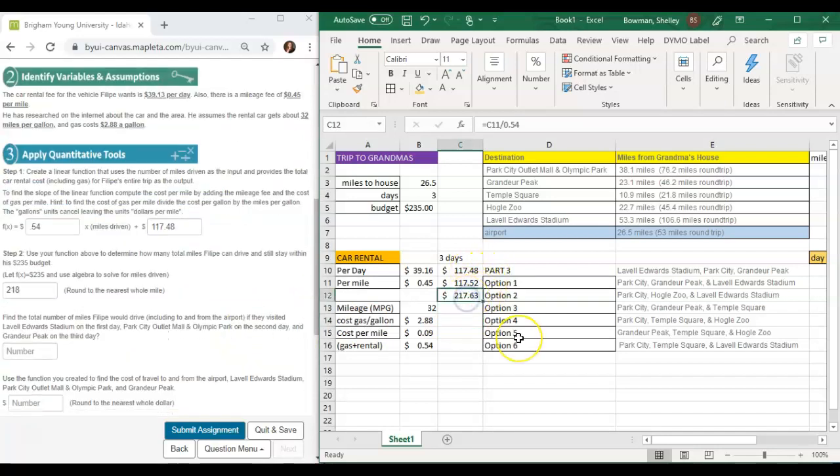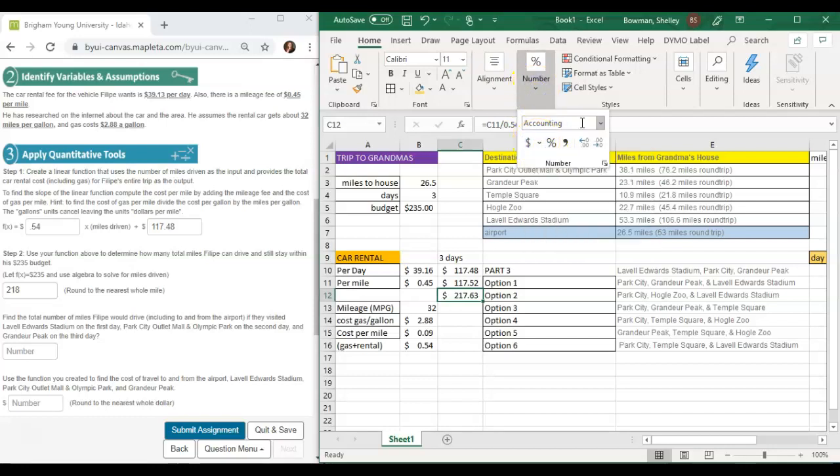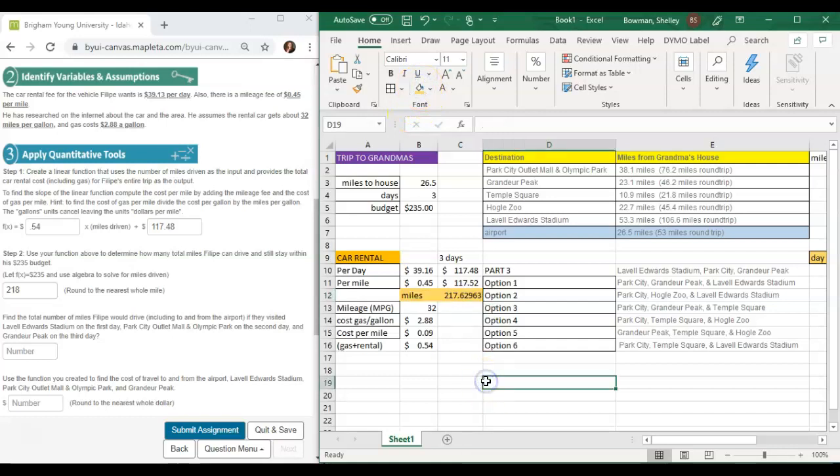Oh, except that this isn't dollars and it's keeping the dollar sign, so let's get rid of it. This is the total number of miles. Sorry, that's getting kind of stuck in there. This is our total number of miles possible to stay within his budget.